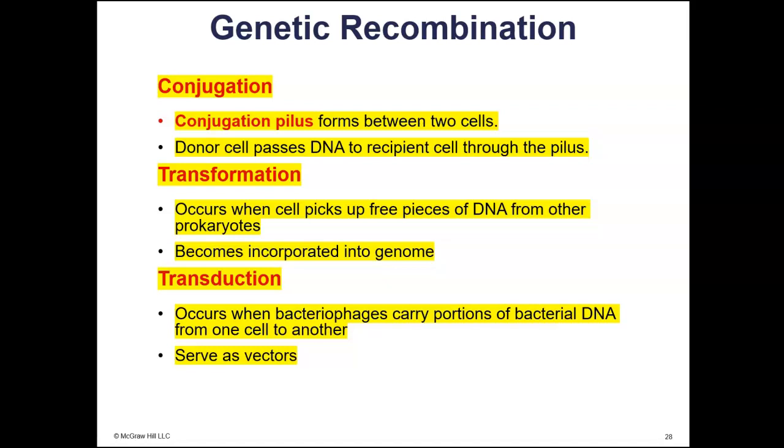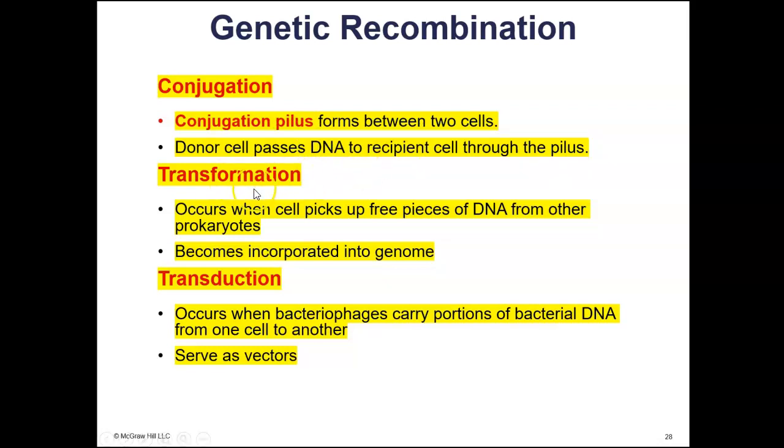There are ways that bacteria can undergo genetic recombination, so that they can have genetic variety. One process is conjugation, which is when one bacterium uses the conjugation pilus to inject DNA into a recipient cell.